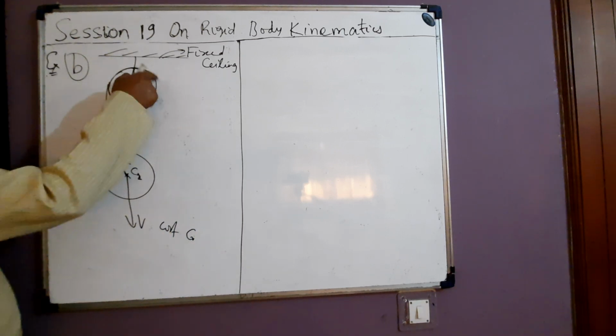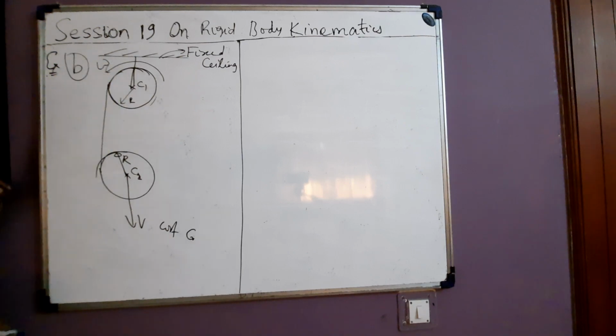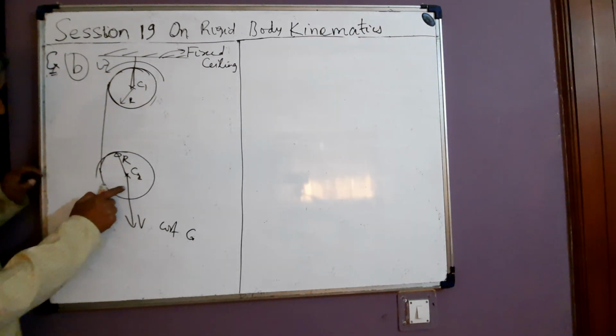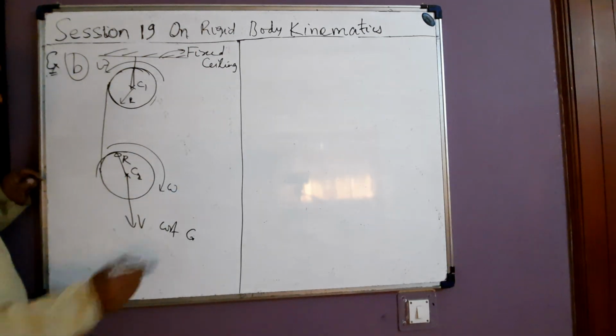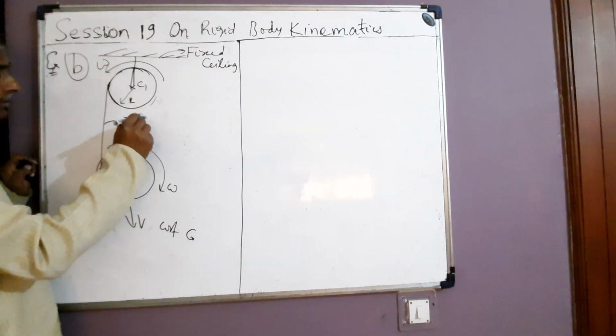Also we are given that the angular speed of this upper cylinder is omega with respect to ground in anti-clockwise sense. And we are also given that the angular speed of this lower cylinder is omega with respect to ground in clockwise sense. And this is the inextensible string.